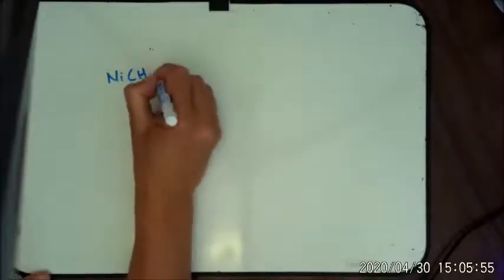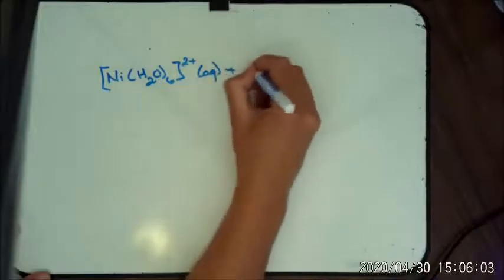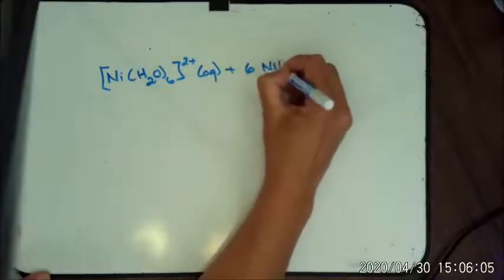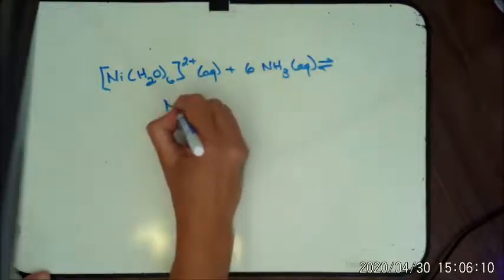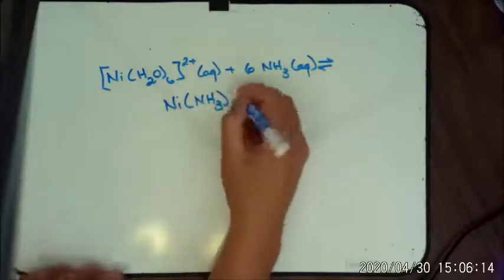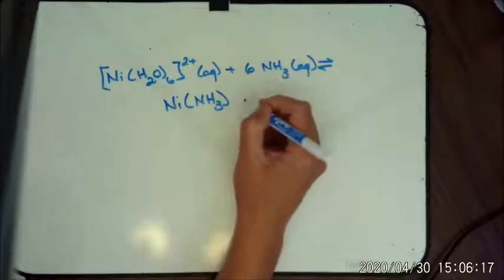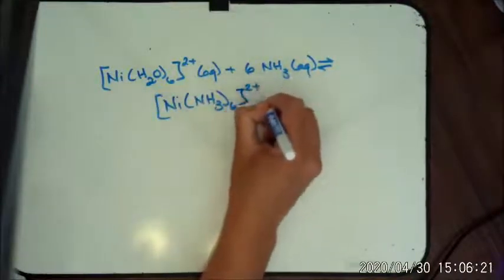So if you look just at the formation of these complexes, if I take my nickel 2+, okay, it's complexed with water, and I add aqueous ammonia to get my hexaammine nickel 2+ complex.